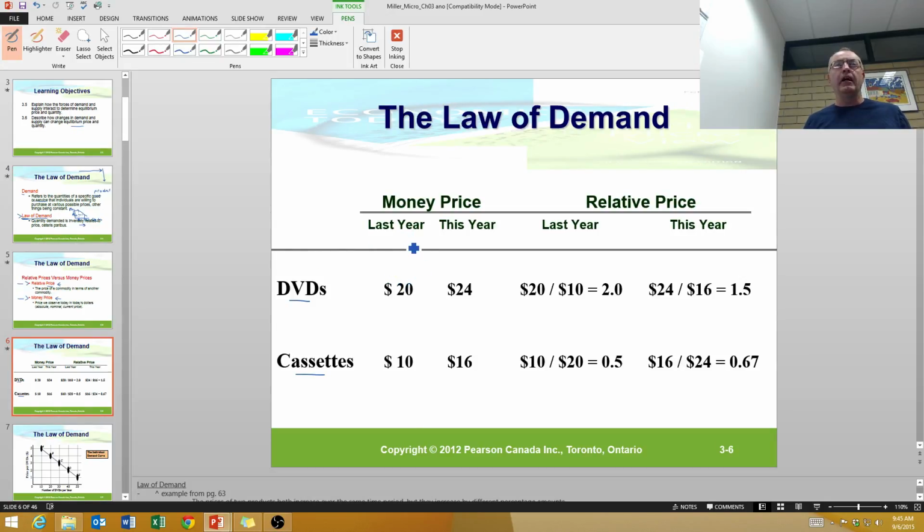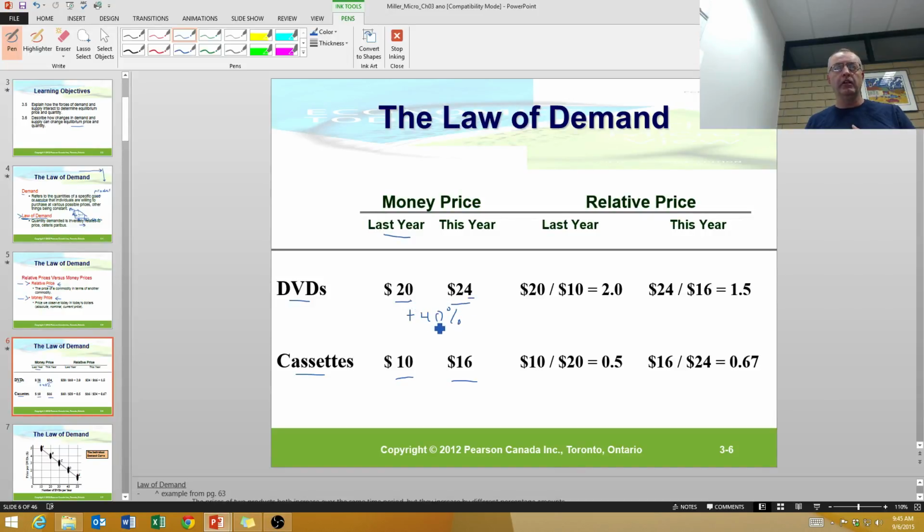Last year, it cost $20 to buy one DVD, and this year it costs $24. Last year, it cost $10 to buy one cassette, and this year it costs $16. So intuitively, the price of DVDs increased by 20% in that 1 year period.